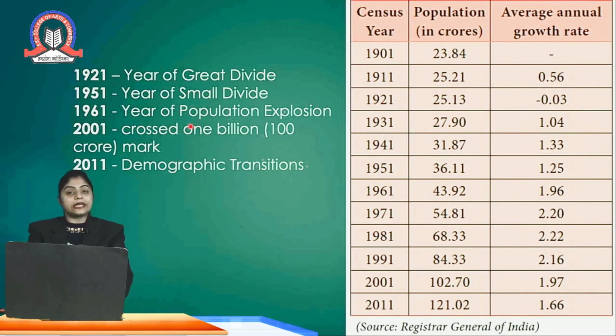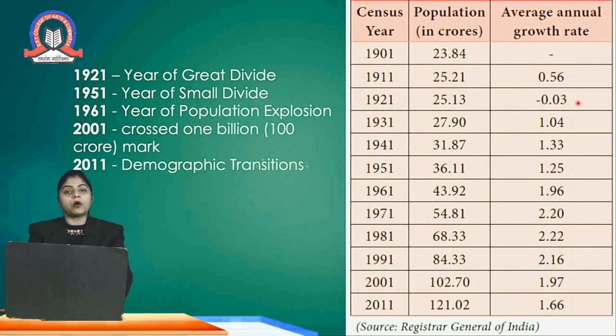If I take the growth rate of population, in 1921 the growth rate is negative. You can see in this table, minus 0.03. Why? Because in that period many epidemics and many diseases came into the economy.